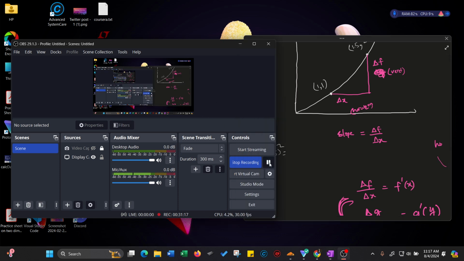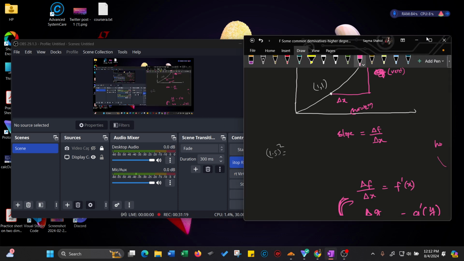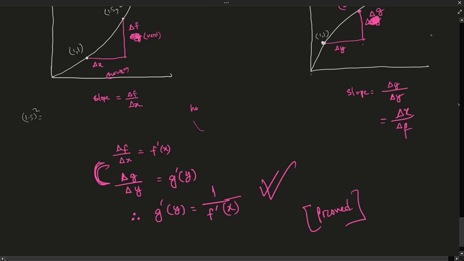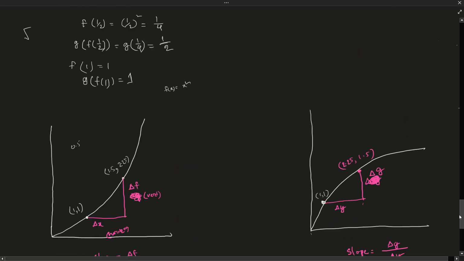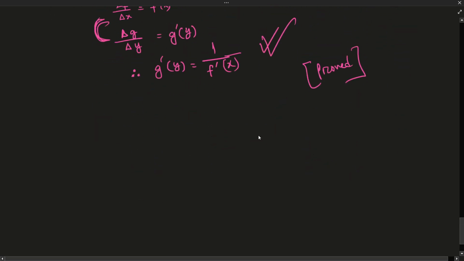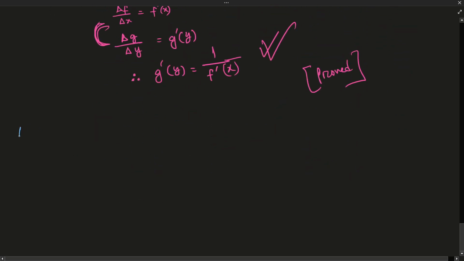Okay, then now we will see derivatives of trigonometric functions.